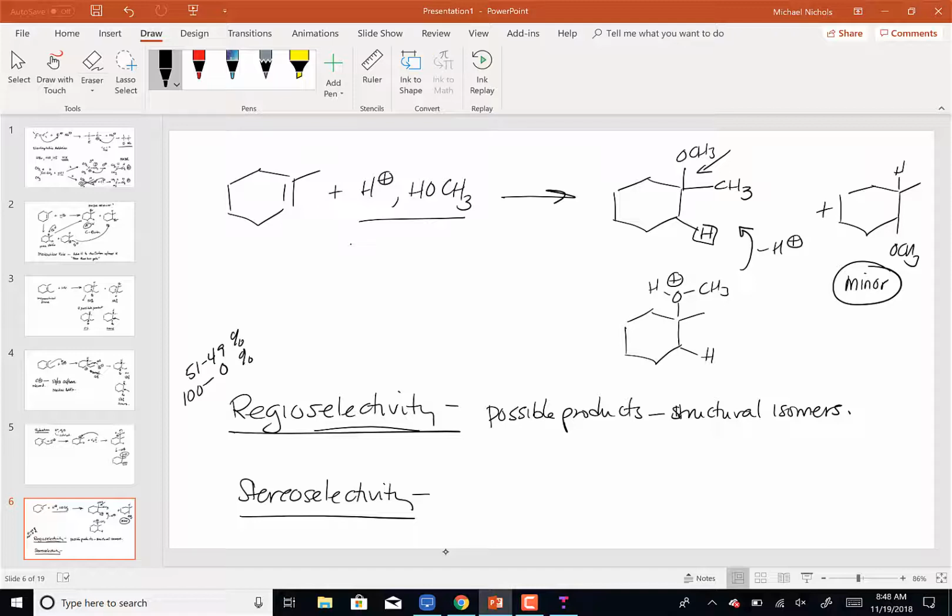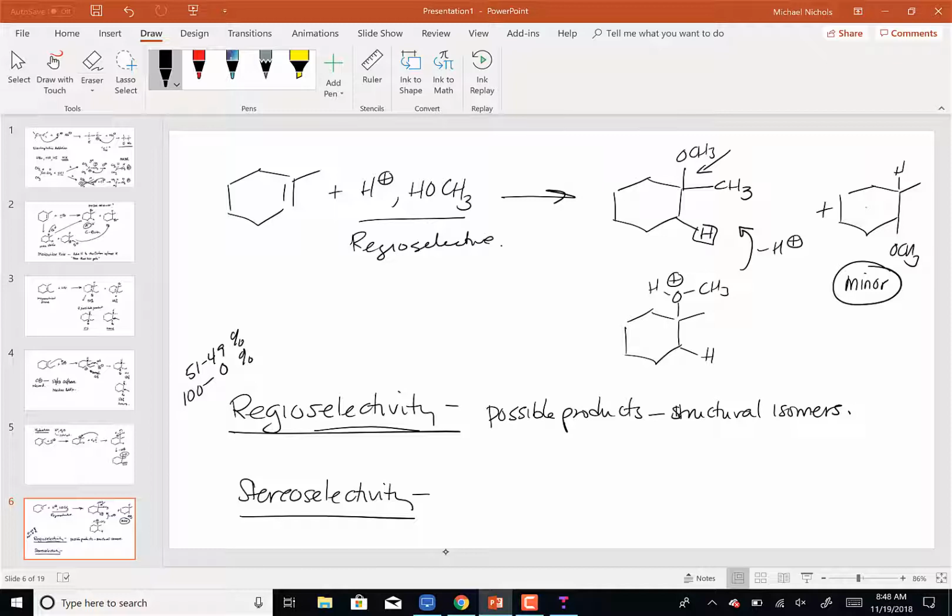So this reaction would be regioselective because I'm making two different products. They are structural isomers, which means they have different names. And if they have different names, I am selecting one over the other. Again, I can select that one over the other 51.49 or 100.0.